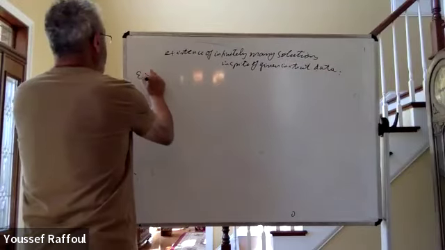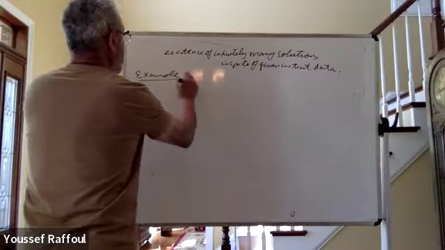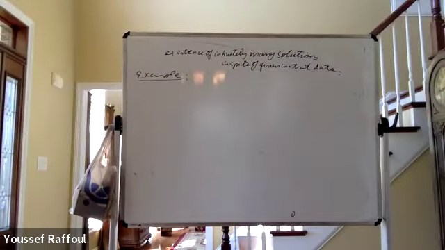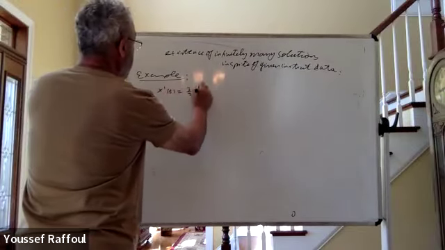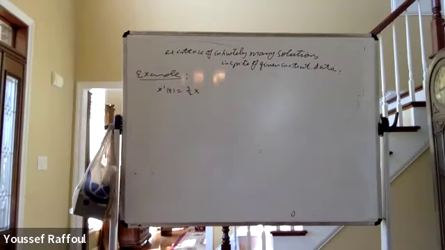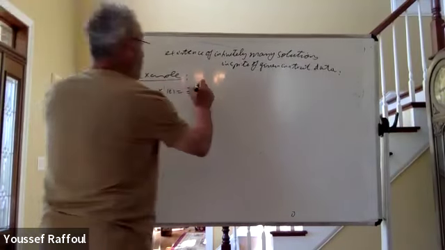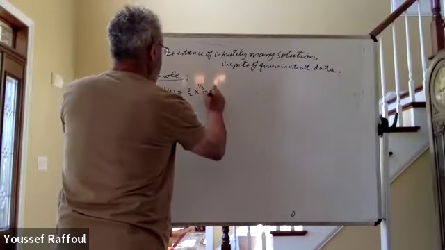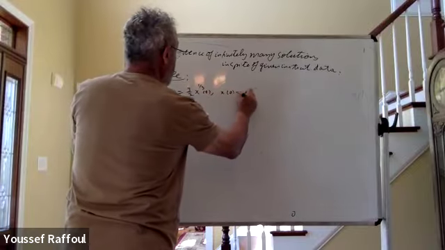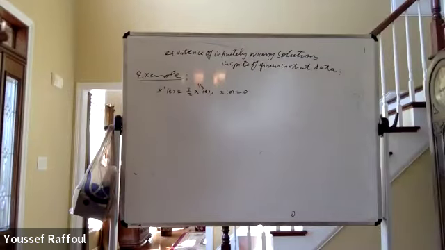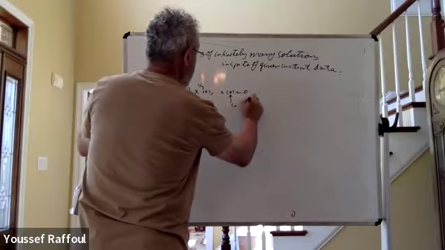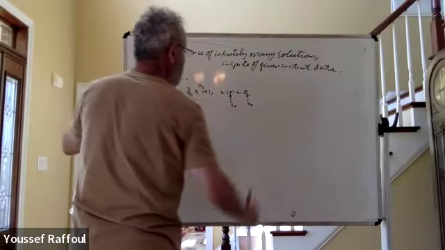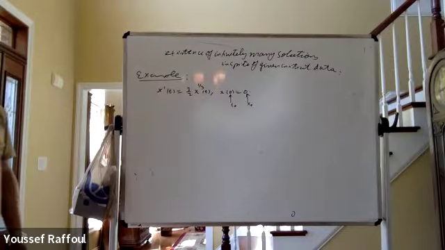So let's do an example. Okay. And I'm going to take a look at x prime of t equal to 3.5 x to the power 1/3 of t, with x of 0 equals 0. All right. So basically, this is t naught. This is x naught. Okay.